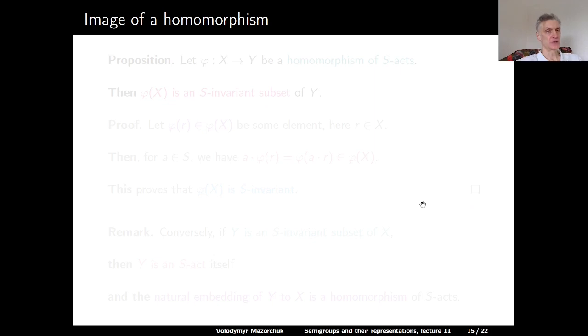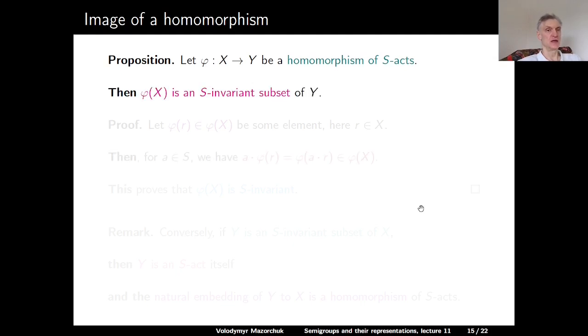Next, let us talk about the image of a homomorphism. Let φ from X to Y be a homomorphism of S-acts. Proposition: then φ(X) is an S-invariant subset of Y. Proof: let r be an element in X and φ(r) the corresponding element in φ(X).